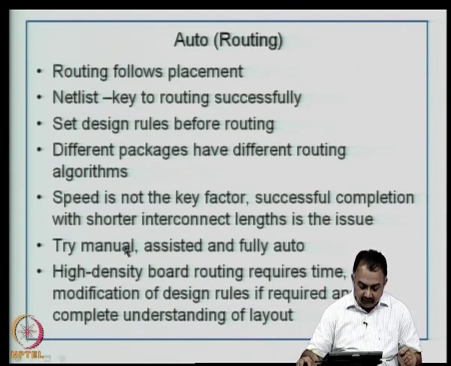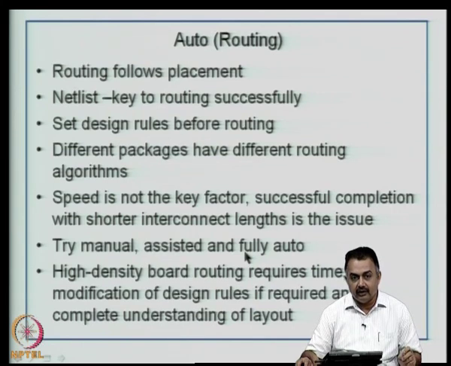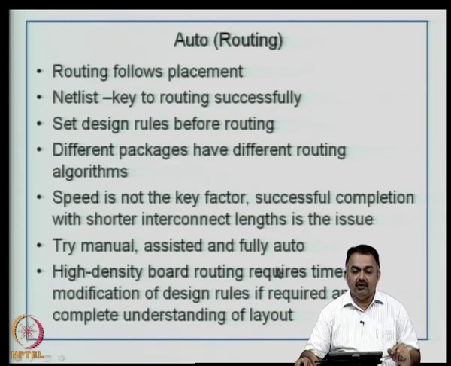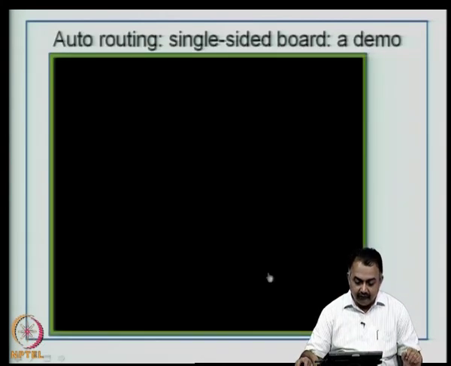So, try manual, try assisted and also try fully auto routing independently, so that you understand the power of your tool. High density board routing requires time, modification of design rules in some cases and a complete understanding of the entire packages that you have used in your board. We will now see a demo of a single sided board.